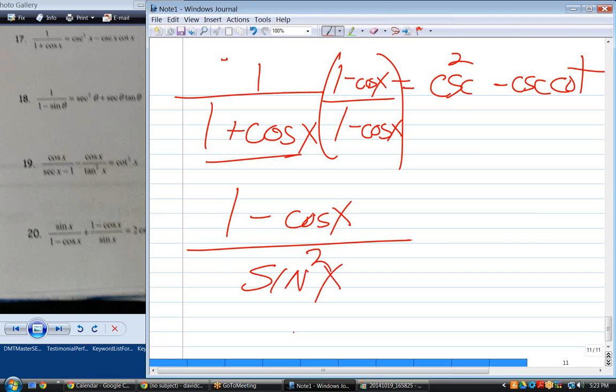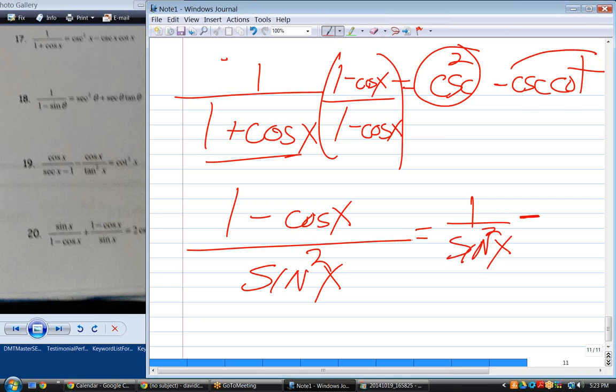All right, so that's where we start. And over here, what is that equal to? That's 1 over sine squared, right? Since we got a sine squared in the denominator, that is going to be 1 over sine squared. We're getting closer.